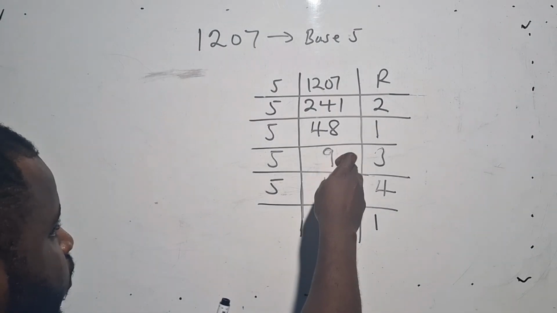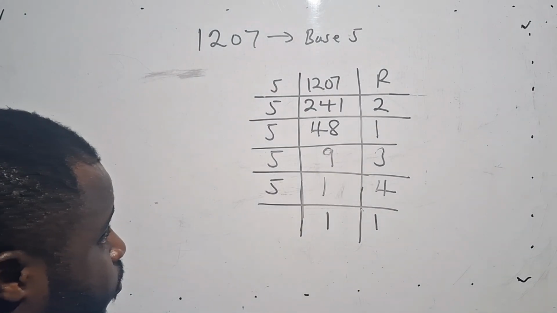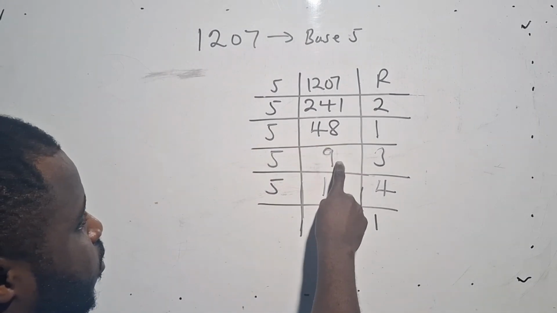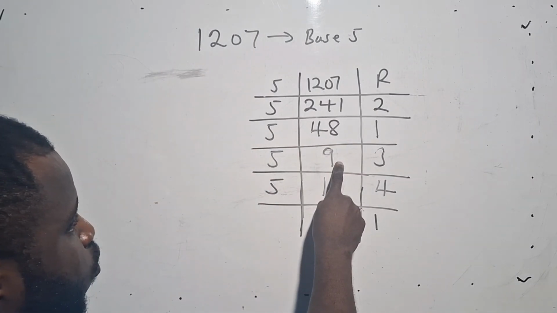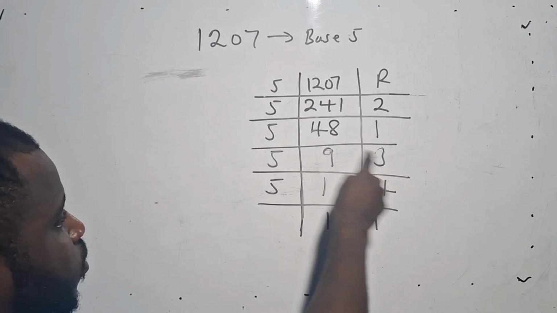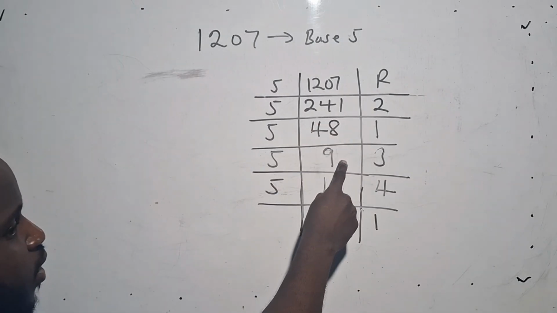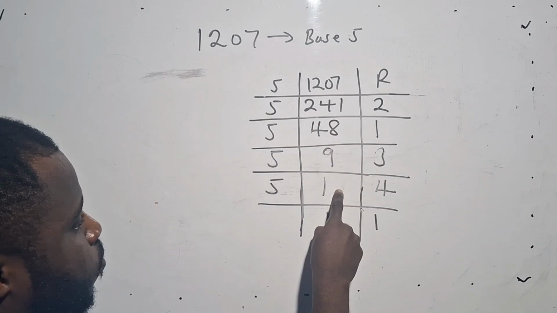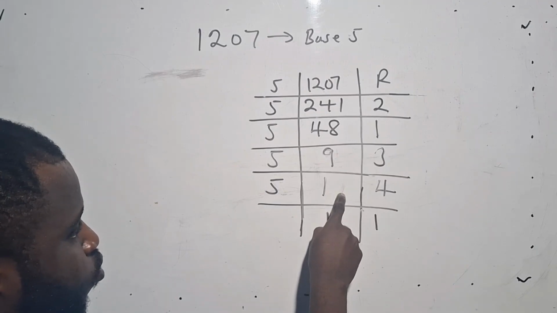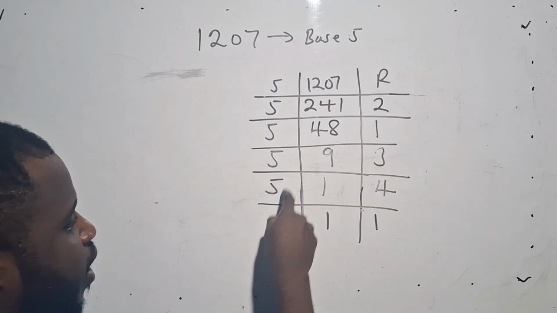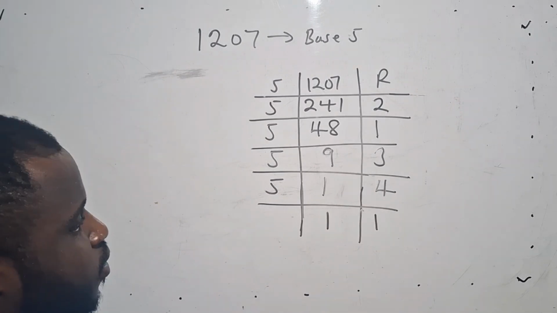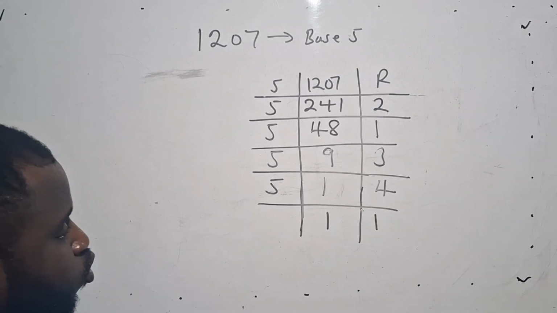5 divided into 48, you get 9. 5 nines are 45. So 9, 45. Remainder 3. 5 can go into 9 how many times? 1. 5 ones are 5. So remainder what? 4. 5 cannot go here. So you repeat it, then you bring it back as well.